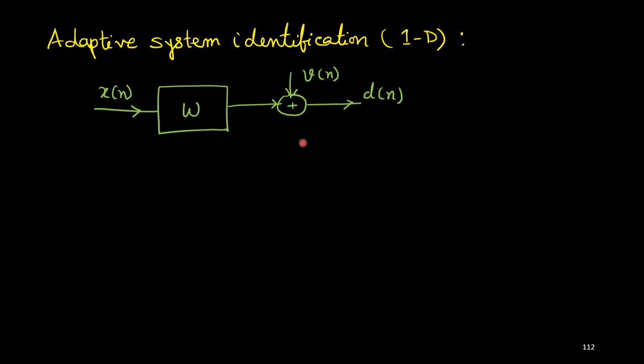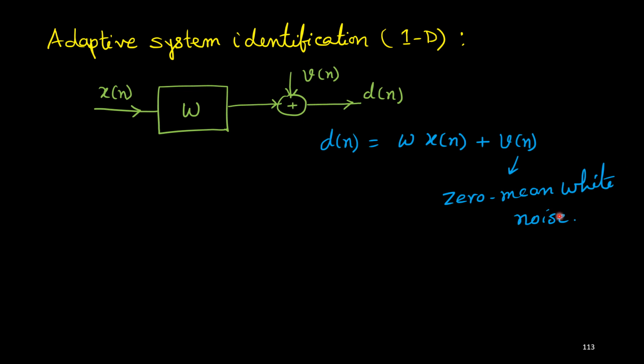That's simple. So in upcoming videos, I'll be taking one example from adaptive signal processing. In particular, I'll consider a one-tap filter W, that is the unknown coefficient. This is the input sequence xn, and white noise is added, and then we will get dn. In this case, dn and xn are the only ones available, and we assume that vn is a zero mean white sequence.